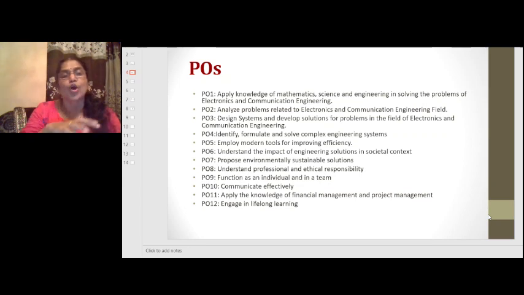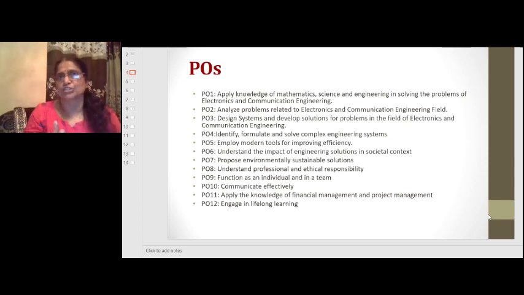Okay. Now all the POs may not be mapped with the COs, that is you have certain course outcomes. So program outcomes and course outcomes we have to map for certain course. Okay, for example you take English. So I have 5 course outcomes.